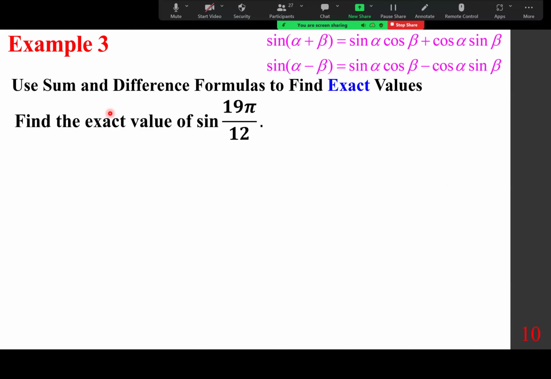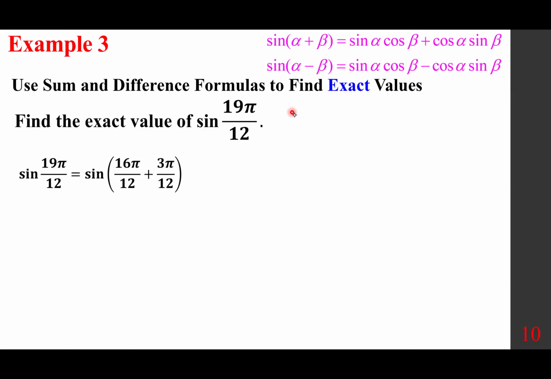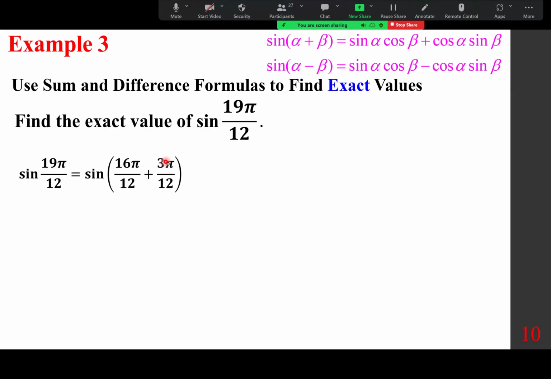Now, let's find the exact value of sine of 19 pi over 12 using the same methodology that we did for cosine, use the sum and difference formulas. And we want to come up with the exact answer. Now, 19 pi over 12 is 16 pi over 12 plus 3 pi over 12. This is 4 pi over 3, this is pi over 4, both of which are common arcs.